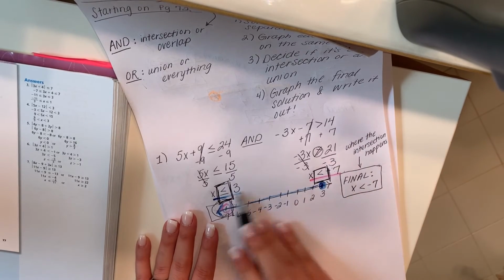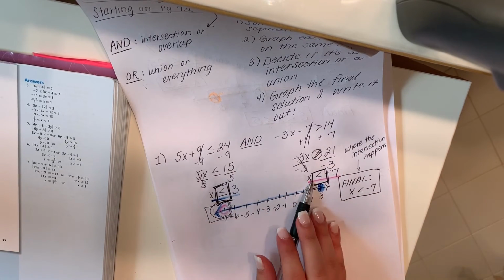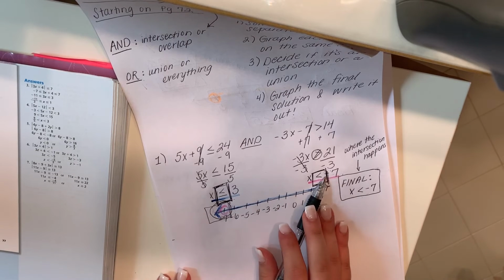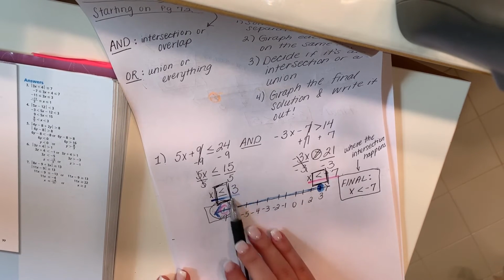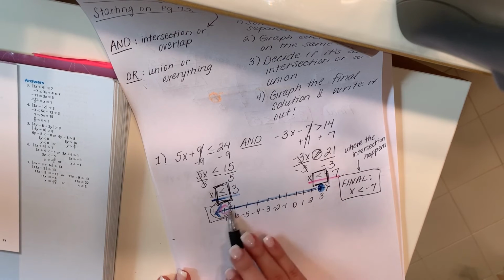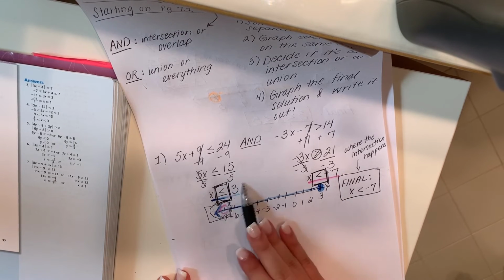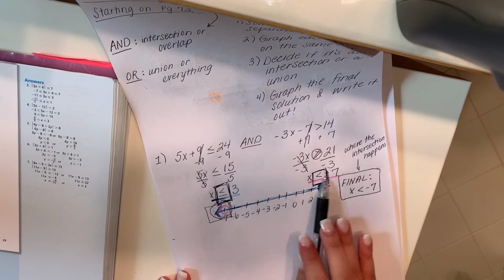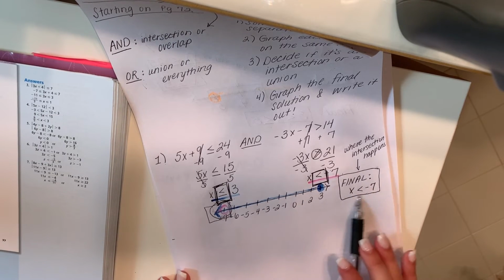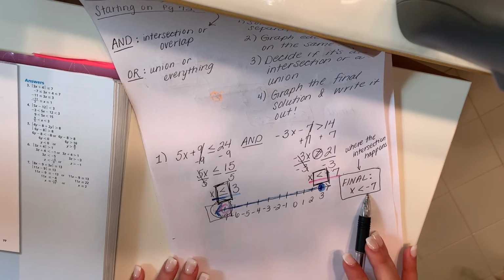They're both going in the same direction. When they both go in the same direction, depending on if it's less than, then your smaller value is what's being intersected. If it was greater than, then your bigger value is what's being intersected. But because they're both the same, it's only one section of the number line that's being intersected.